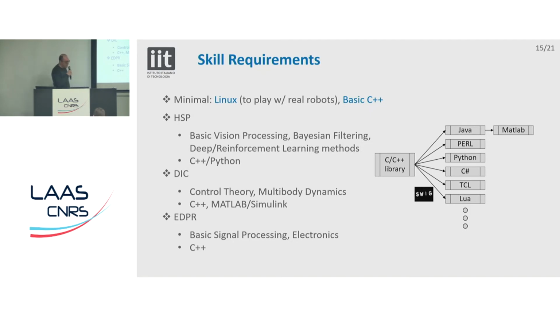Depending on the group you may work with, you might need basic knowledge in vision processing, deep reinforcement learning if you work on humanoid sensing and perception, control theory of course, and MATLAB Simulink knowledge if you work with the dynamic interaction control group, and of course signal processing and C++ if you want to put your hands on event-driven cameras.